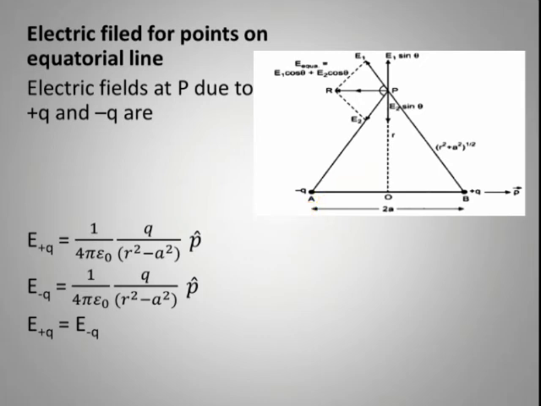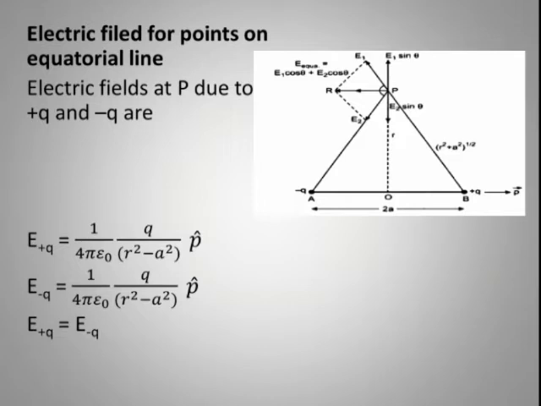So yes, it originates and terminates at the negative charge. Now what do I do? You have one electric field E1 due to charge positive Q, and electric field E2 due to charge minus Q.